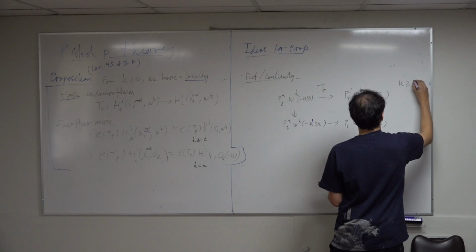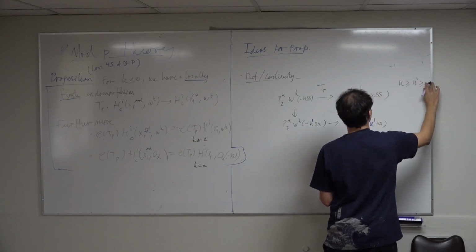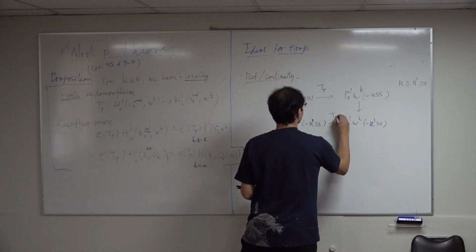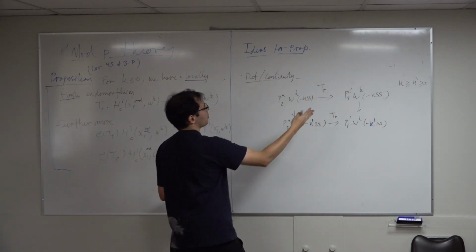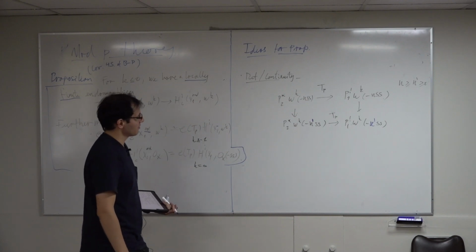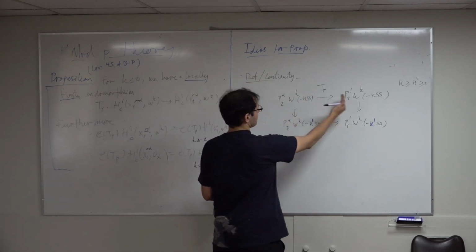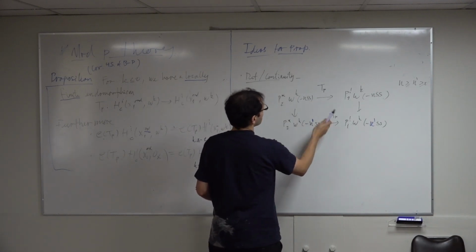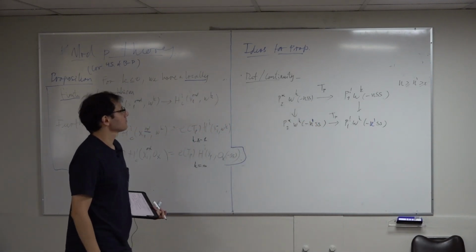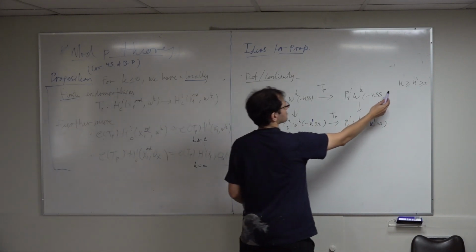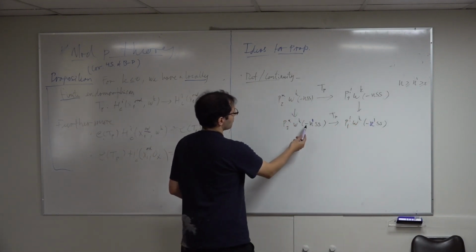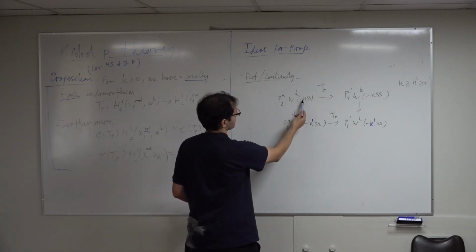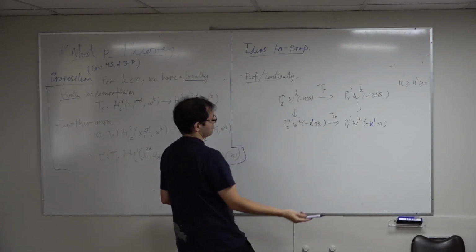N is greater than N prime, and these are greater than 0. So for every N, we have this morphism coming from the morphism that Daniel defined. Moreover, this morphism that we just defined functorially makes this diagram commute for different N. More negative projects to less negative.